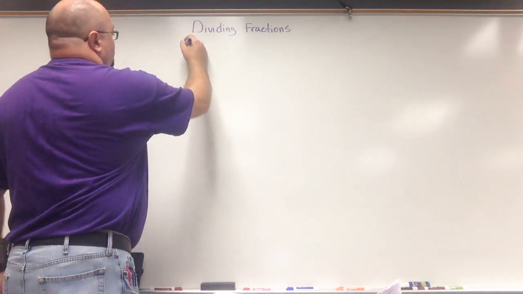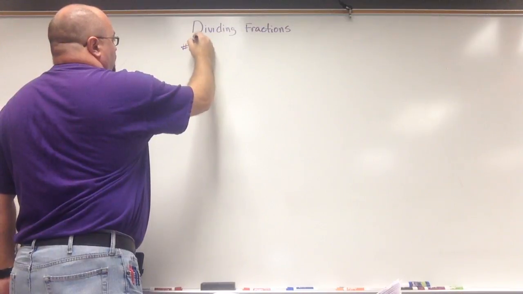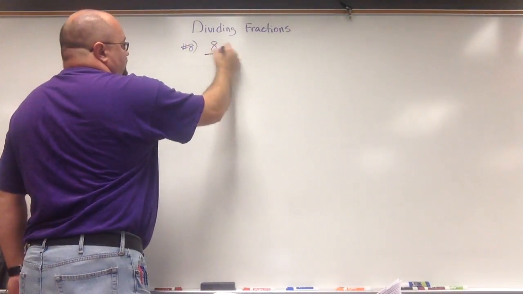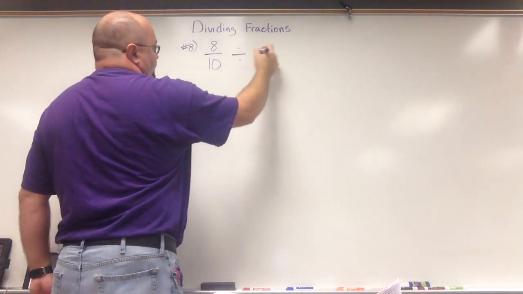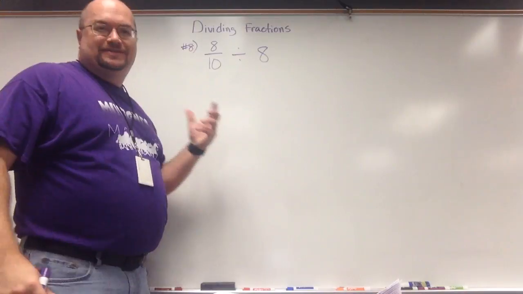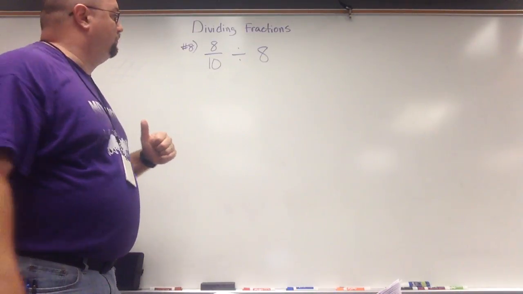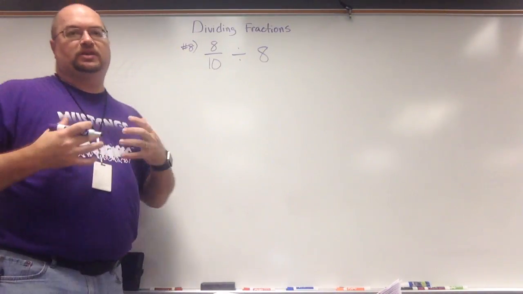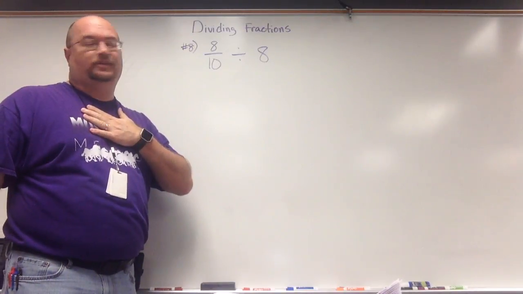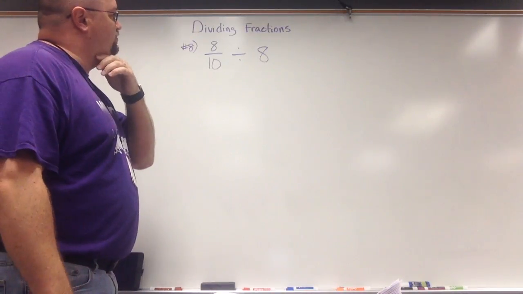Number 8 is 8/10 divided by 8. Okay. Now for this, I am going to do the model, but again, the model for me gets confusing. Now, you know what? I'm not going to do the model because that's going to be too many lines.